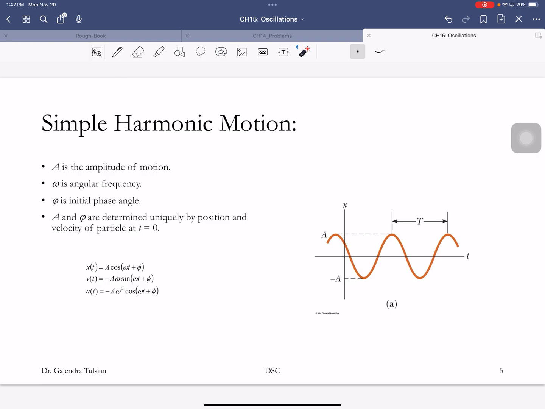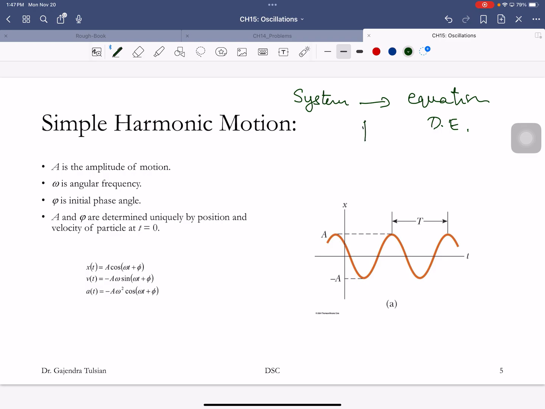So again, you have a system, and you come up with an equation describing the system. The equation generally is a differential equation. How did you come up with the equation?